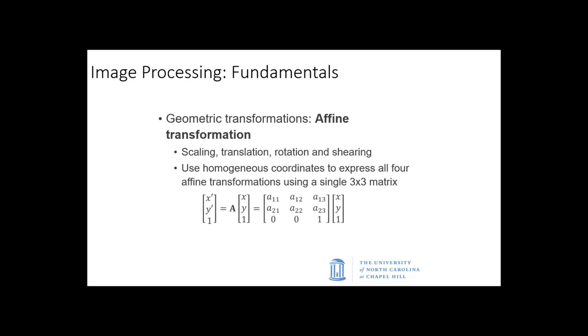So basically we just need 6 pairs of correspondence from one image to another image. Then we can use the least square fit. We can calculate these variables, or we can use a gradient-based method to iteratively optimize these transformation parameters.